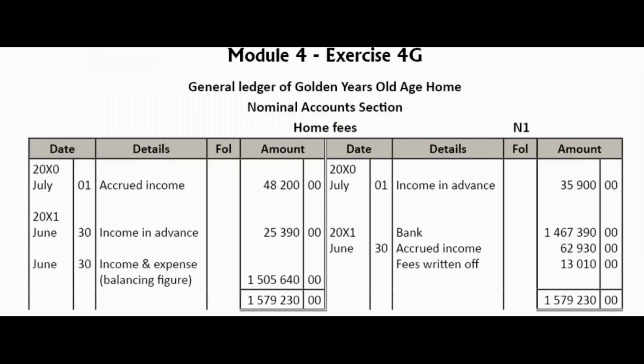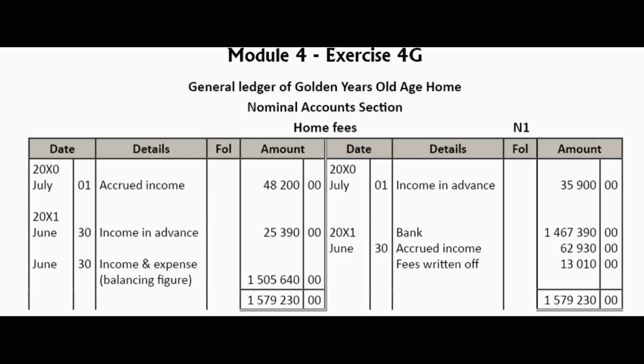Okay, in the home fees account, you will do the reverse entries for the previous year's adjustment. Like you always start with that account. So on the debit side of the fees account, you will have accrued income, 48,200. The double entry is debit home fees and credit accrued income. That is the reverse entry for the adjustment. Okay.